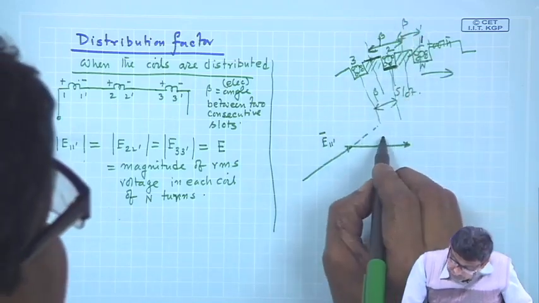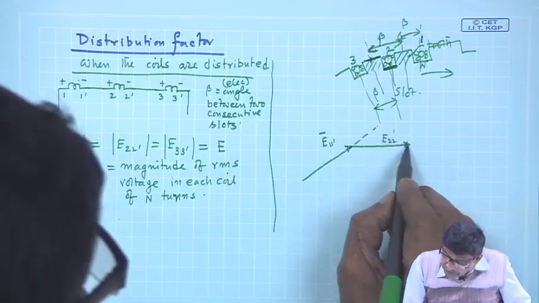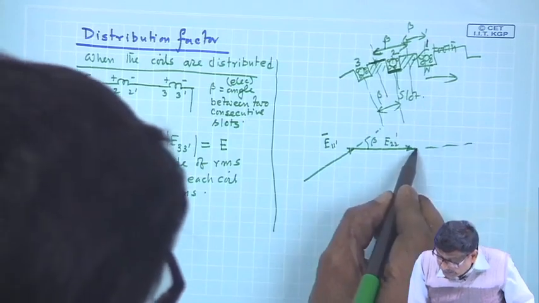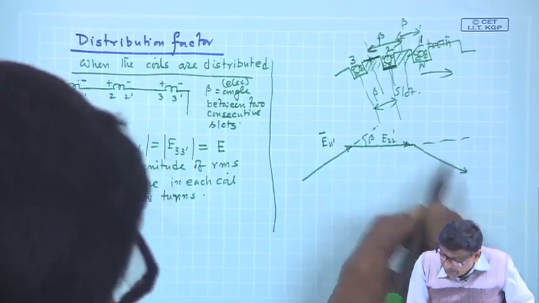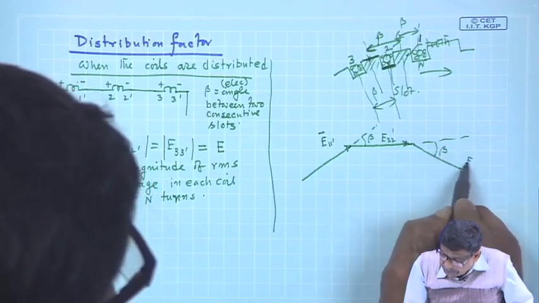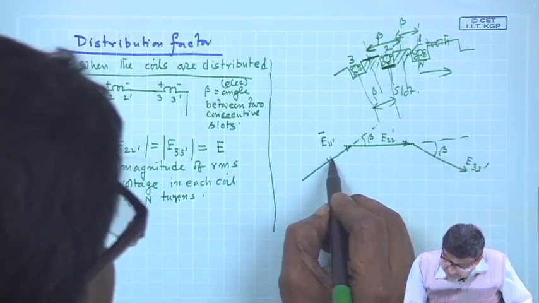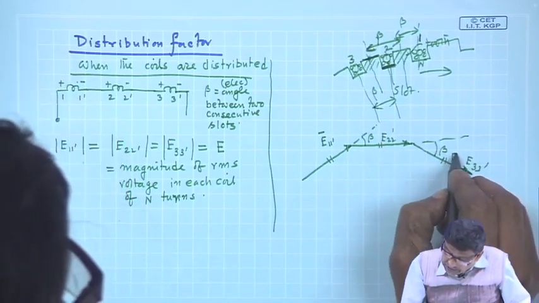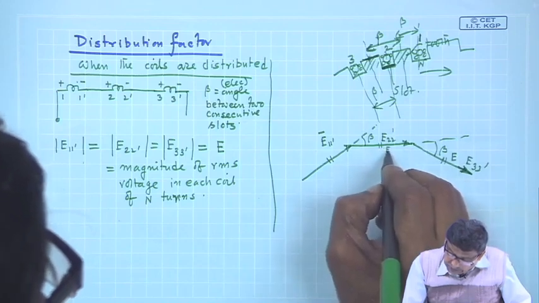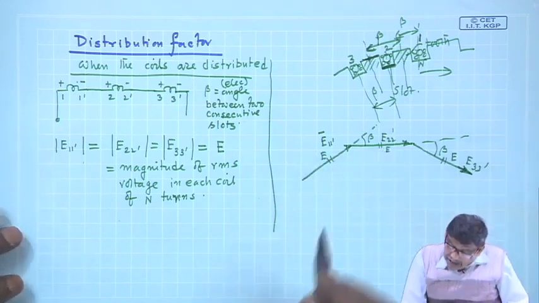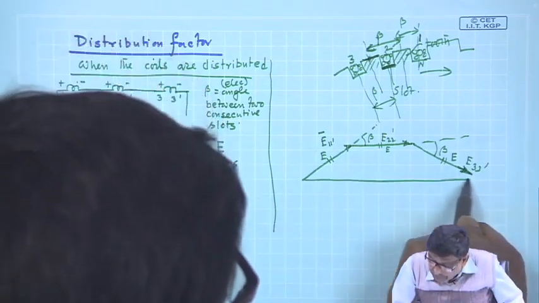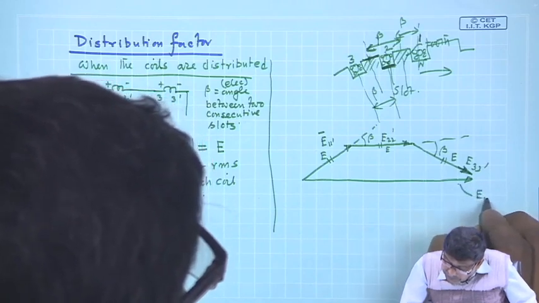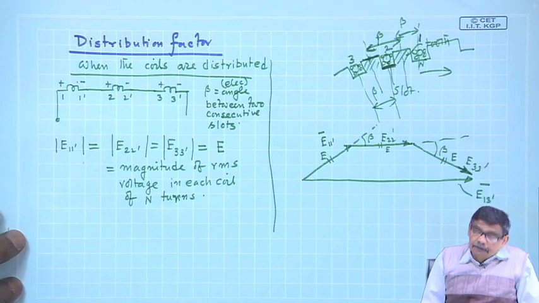So, this is E 22 dashed and this is beta, and E 33 dashed will lag once again by beta, E 33 dashed, and this length and this length, these are all equal and equal to E. This is E, this is E, magnitude E, and the resultant voltage will be this one, that is E 13 dashed will be this.